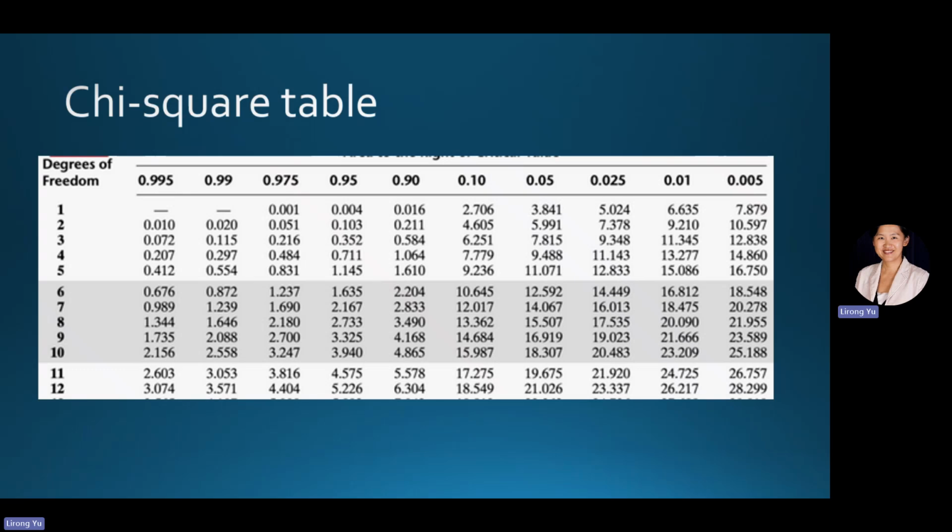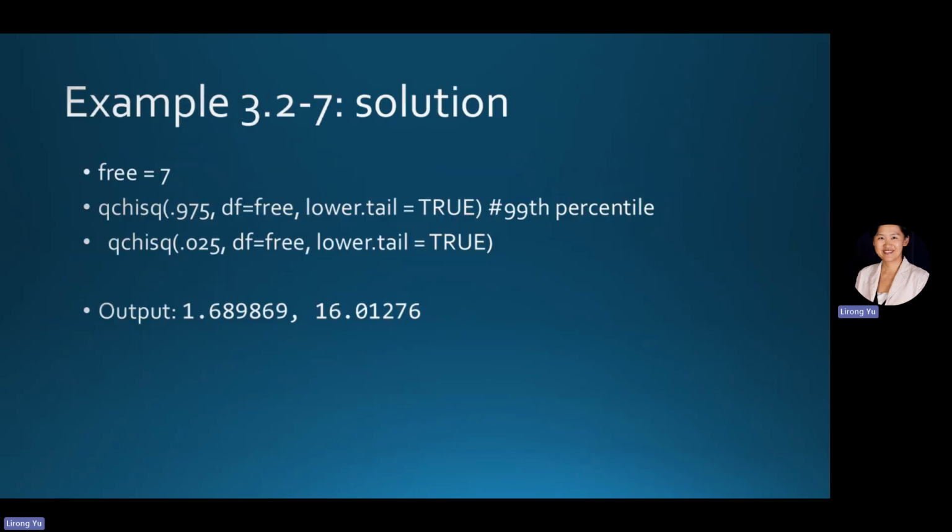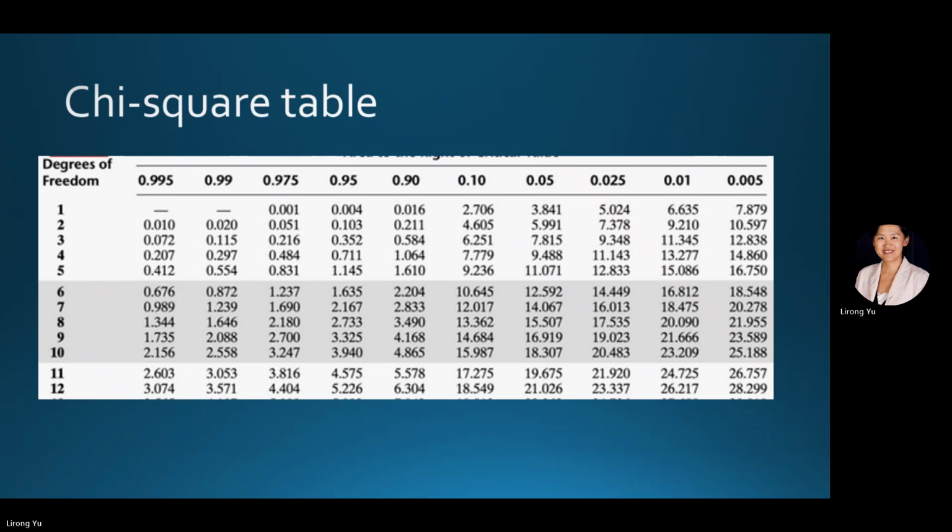So that's going to be our A and B. So A and B is going to be 16.01 for the upper bound, and the lower bound is, for 0.975, 1.69.